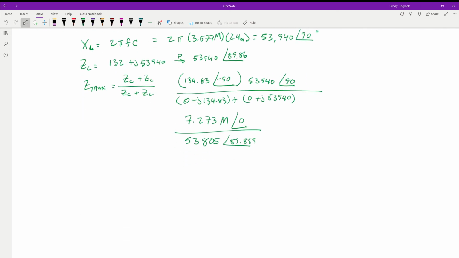Now that we have everything in polar, with one value in the numerator and the denominator, our Z tank is going to be equal to 135.173 ohms at an angle of negative 89.859.